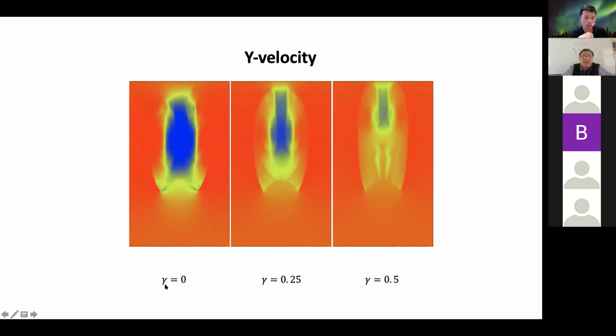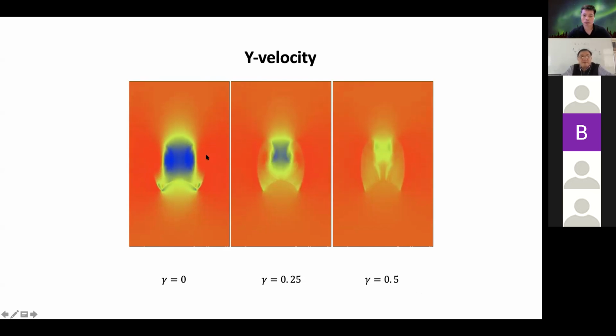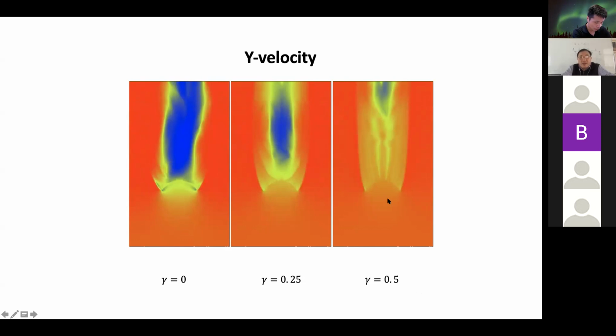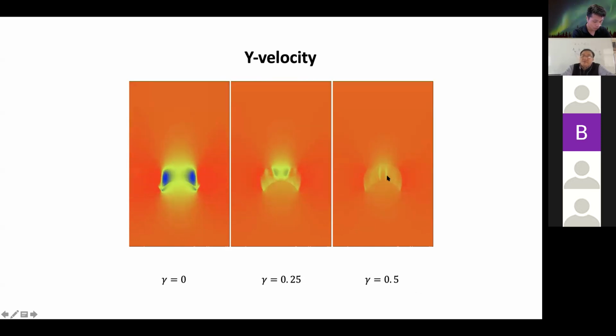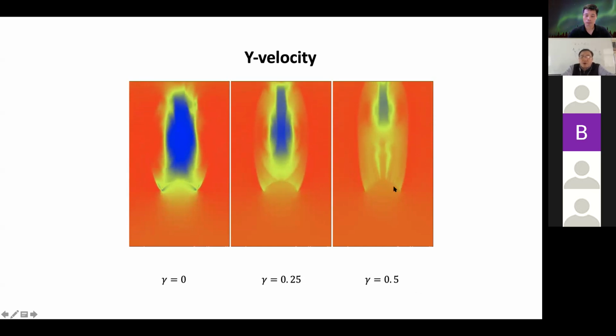You see that when gamma equal to 0, the velocity difference between here and here is very large, and this gives you a very unstable flow after the canopy. So this also tells you why sometimes parachutes will intentionally give porosity to the canopy.